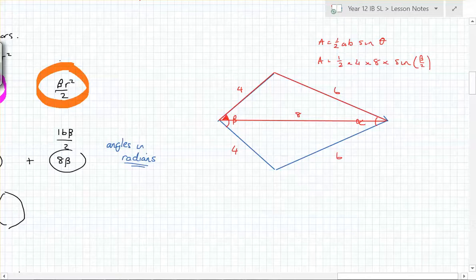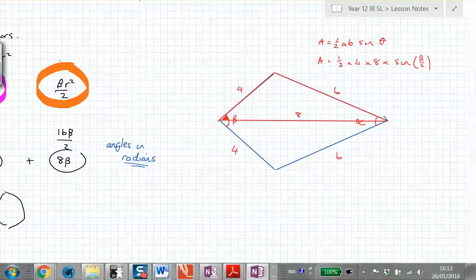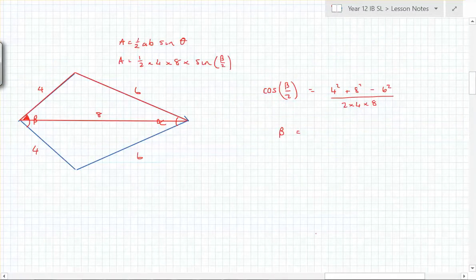So what do I need to find out before I can find the area? The angle. Can I find the angle? How? Go for it. To work out half of beta, we use the cosine rule, then do cos to the minus 1. Hopefully what you end up with is beta as 1.6255 in radians, so make sure your calculator's in radians.